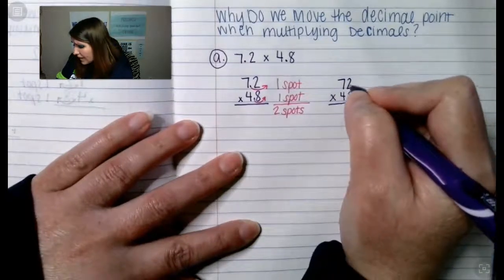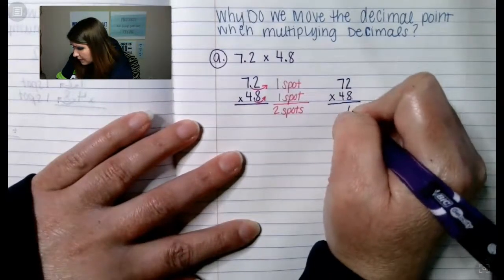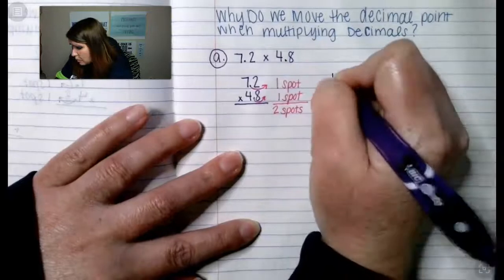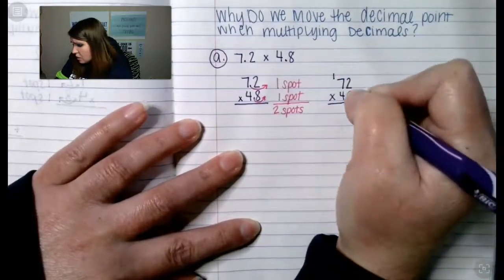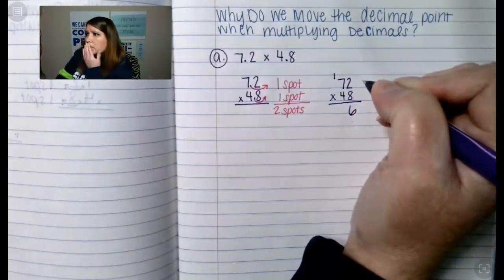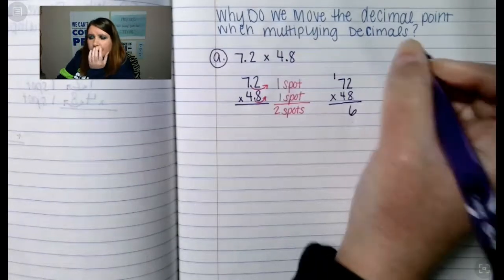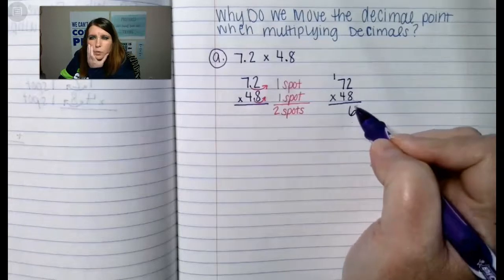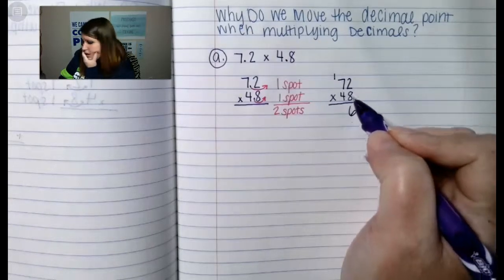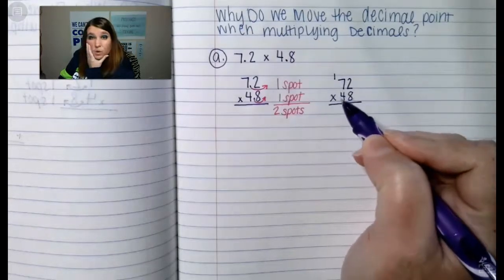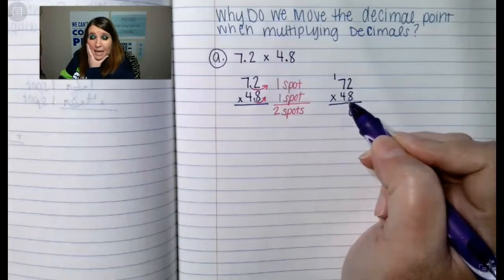So I know 8 times 2 is 16, and I'm going to carry the 1. And I know 8 times 7. Okay, so let me think about this for a second. I know 8 times 5 is 40. And so 8 times 6 is 48, because I just add 8 more.